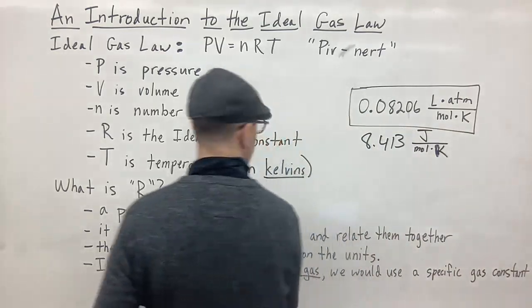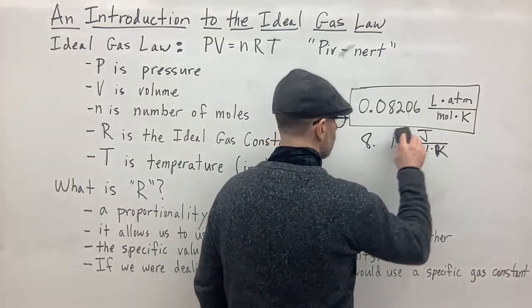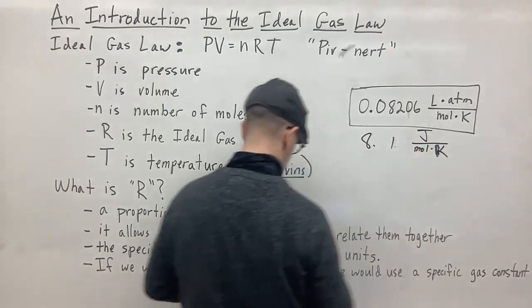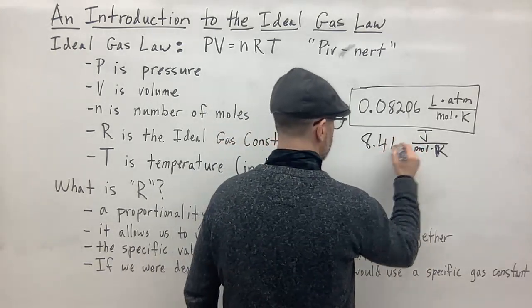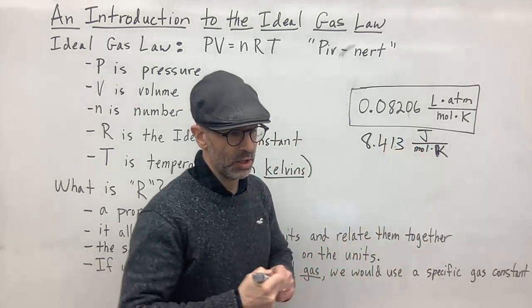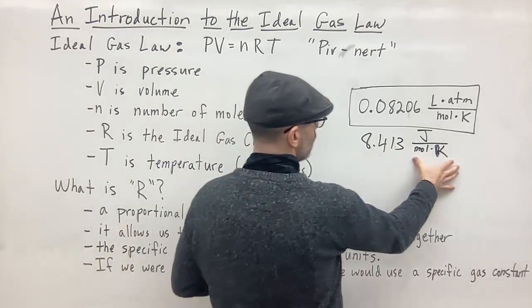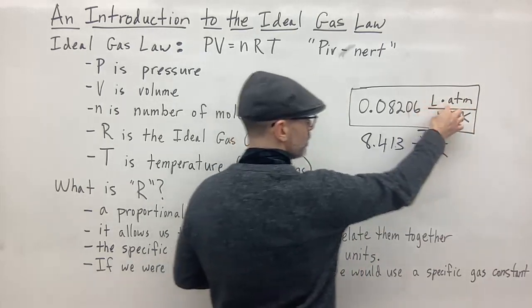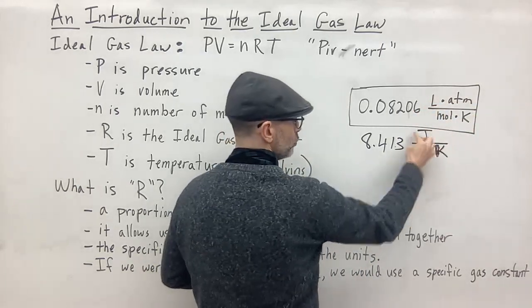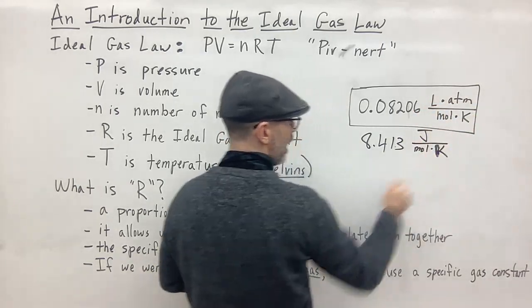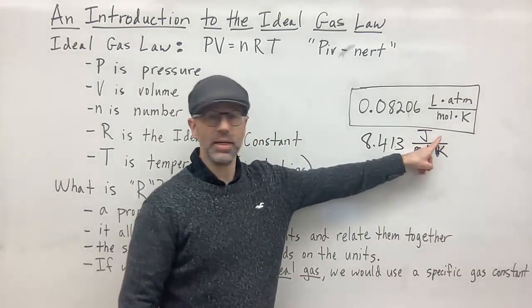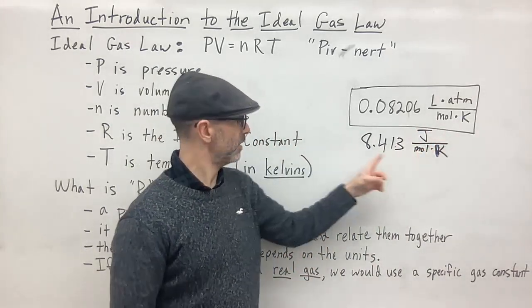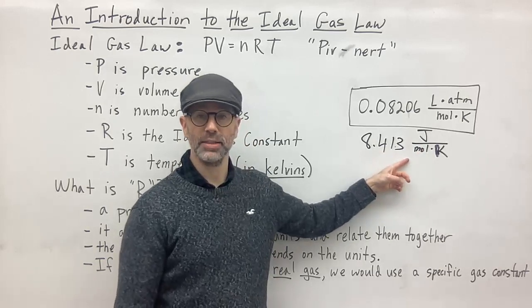I have the 4 and the 3 mixed up. So that should be 8.314 joules per mole Kelvin. So here, instead of having liters multiplied by atmospheres, you have joules over mole Kelvin. And you'll notice that because the units are different, the value of the R constant is different.